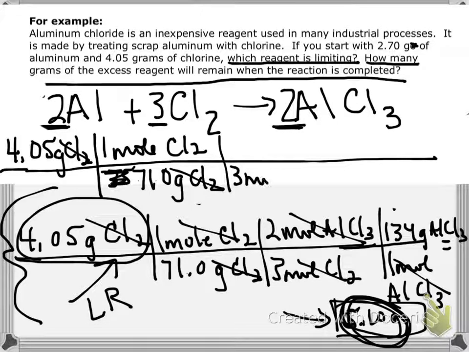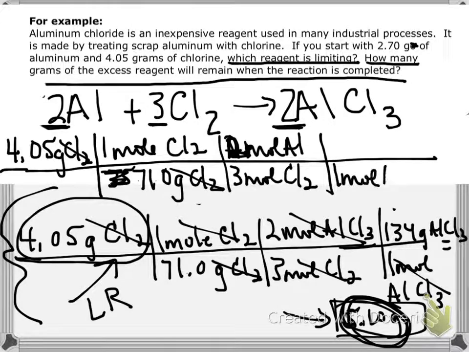So 3 moles of chlorine needs 2 moles of aluminum in this reaction. Okay, and then finally 1 mole of aluminum weighs 27 grams. That's going to tell me how many grams of aluminum were actually used in this particular reaction that reacted with this 4.05 grams of chlorine.